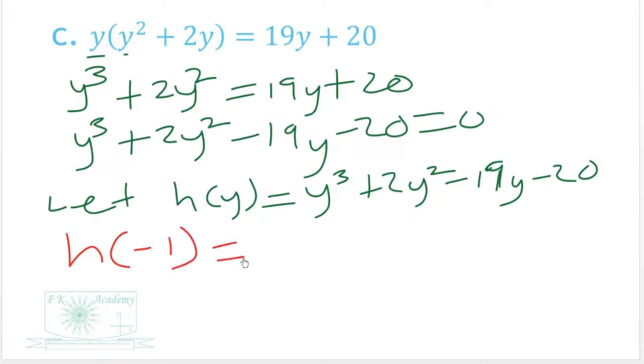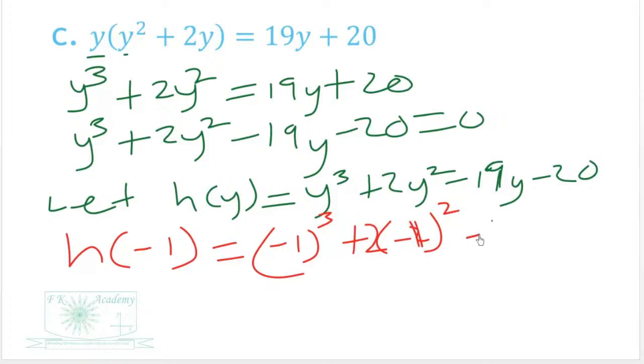So h of negative 1 will be equal to negative 1 cubed plus 2 times negative 1 squared minus 19 times negative 1 minus 20.